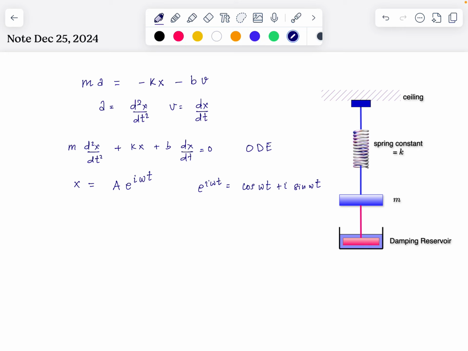Now once we substitute this value and find the derivatives, dx over dt equals a times i times omega e to the power i omega t, and d2x divided by dt square equals minus a omega square e to the power i omega t.